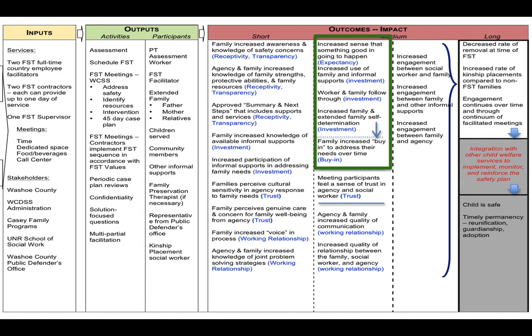and to show that some need to be achieved before the others can be achieved. So looking at the first few outcomes in that medium-term column where they say increased sense that something good is going to happen, increased use of family and informal supports, worker and family follow-through, increased family and extended family self-determination. Those items are important to establish in order to then move down further, achieve that family increased buy-in.